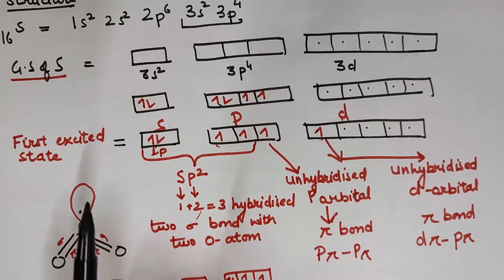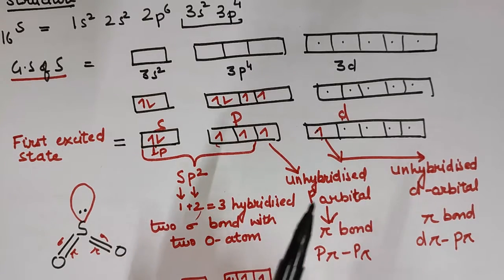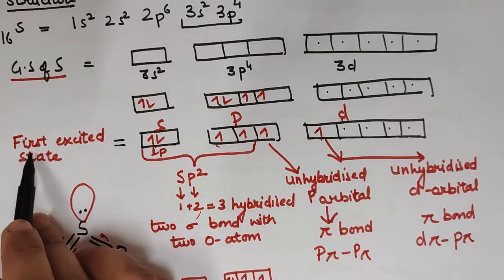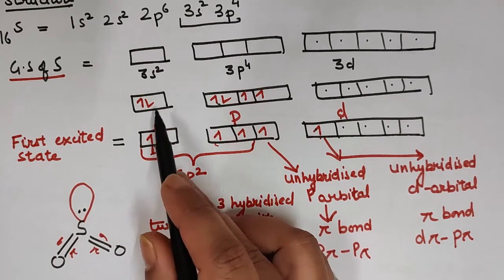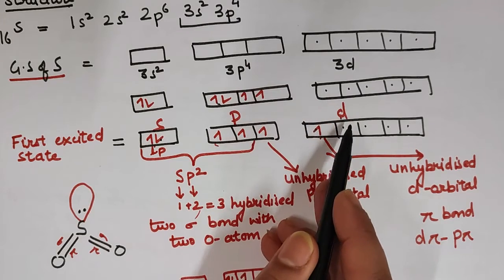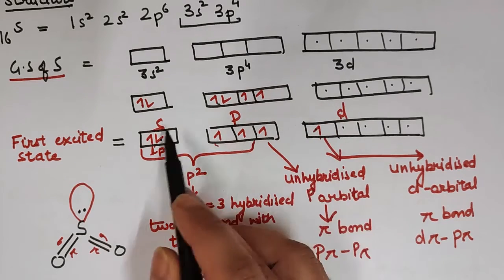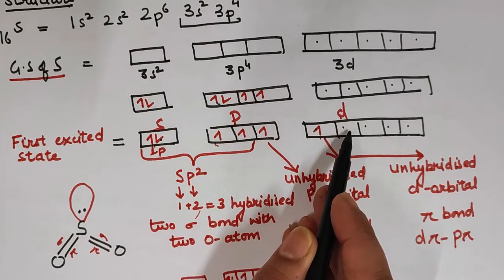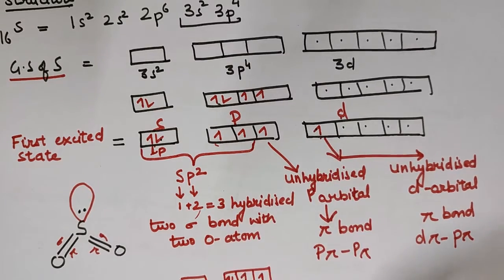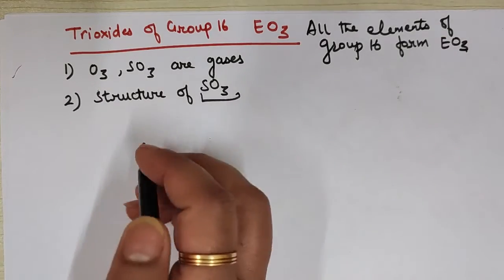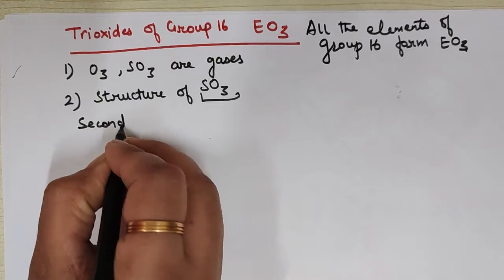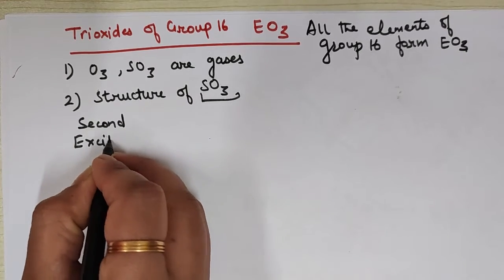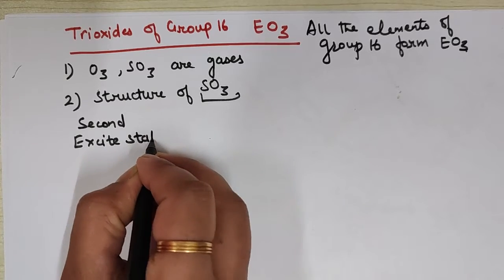Now what will happen in case of SO3? We will have a second excited state. That means now this electron will also shift to the d orbital. That means it will get excited to the d orbital. And now let me make that. So sulfur in second excited state.